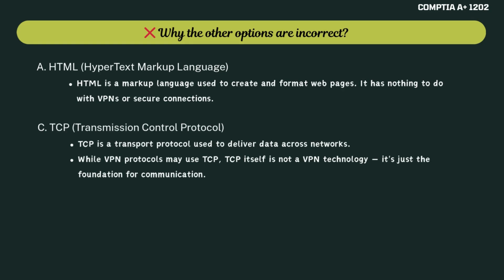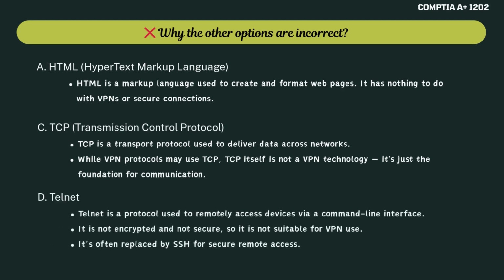While VPN protocols may use TCP, TCP itself is not a VPN technology. It's just the foundation for communication. D. Telnet. Telnet is a protocol used to remotely access devices via a command line interface. It is not encrypted and not secure, so it is not suitable for VPN use. It's often replaced by SSH for secure remote access.